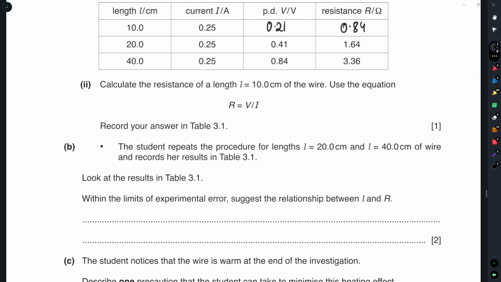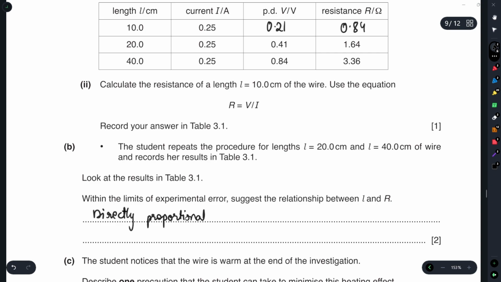Because doubling the length will double the resistance R. So directly proportional. So these must be directly proportional. So suggest a relation. So the relation suggested is directly proportional.